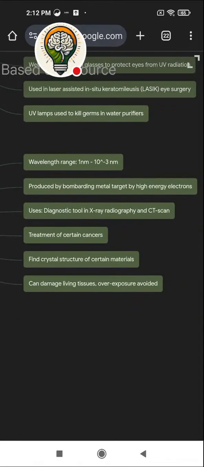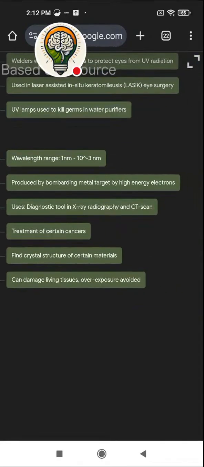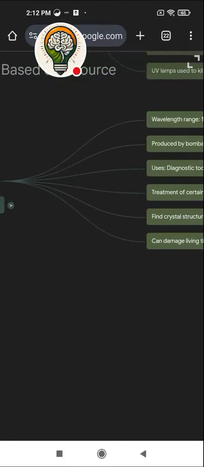Then the X-rays. The wavelength range is 1 nanometer to 10 power minus 3 nanometer, produced by bombarding a metal target with high energy electrons. Used as a diagnostic tool in radiology and CT scans, in treatment of certain cancers, and to find crystal structure of certain materials. Overexposure can damage living tissue and should be avoided.